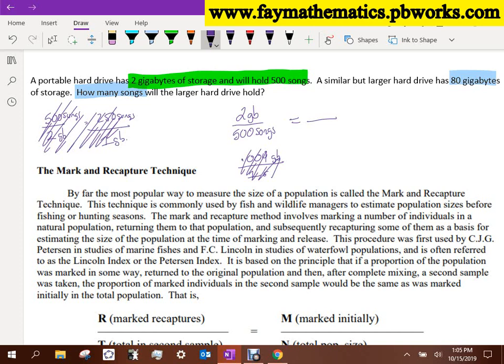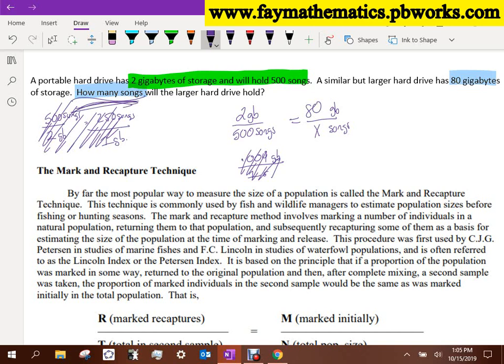I want then in my next ratio to abide by the same structure. I want gigabytes over songs because that's what I had in my first ratio, right? Okay, so in that second ratio, what do I know? Do I know gigabytes or do I know songs? I know 80 gigabytes. Songs is how many, right? It says how many songs. That's the question. Let that be X.